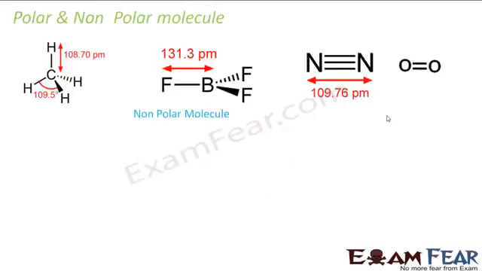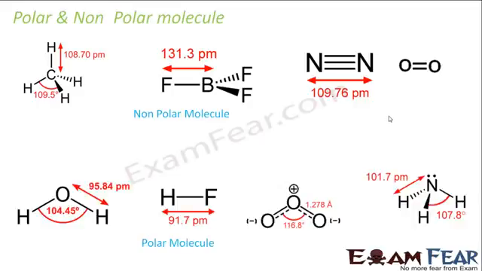Then let's also discuss polar and non-polar molecules, because we'll talk about polar and non-polar molecular solids. See, non-polar means there is no charge, right? And polar, if you see, HF, F will have slightly negative, H slightly positive.